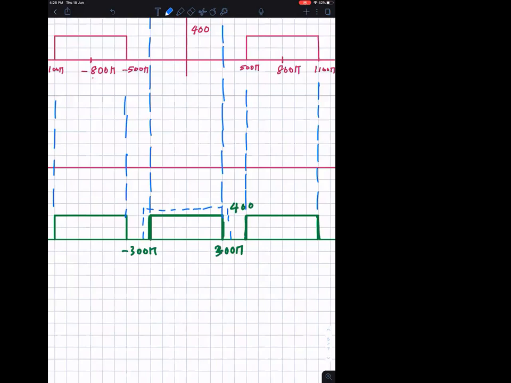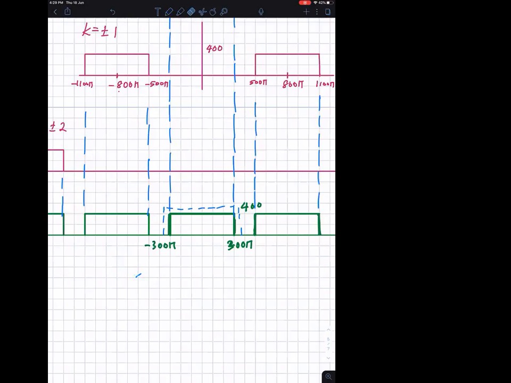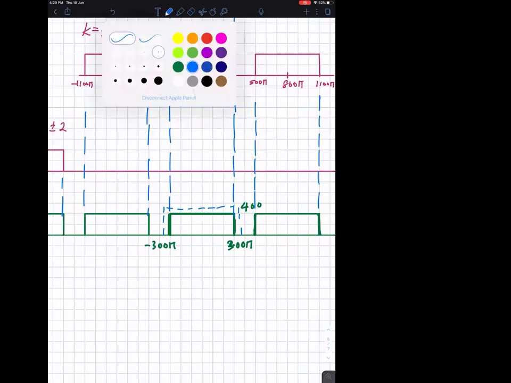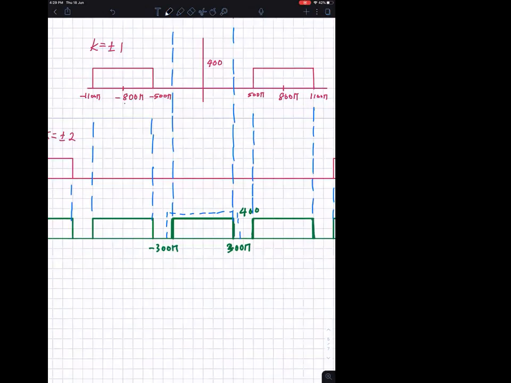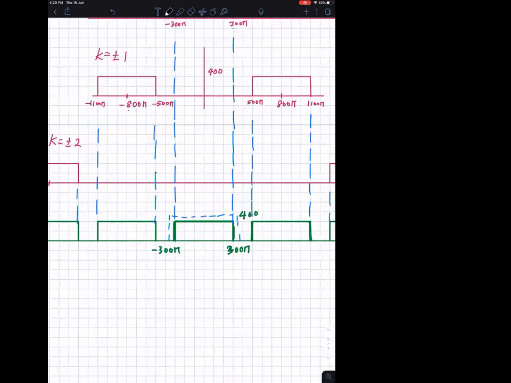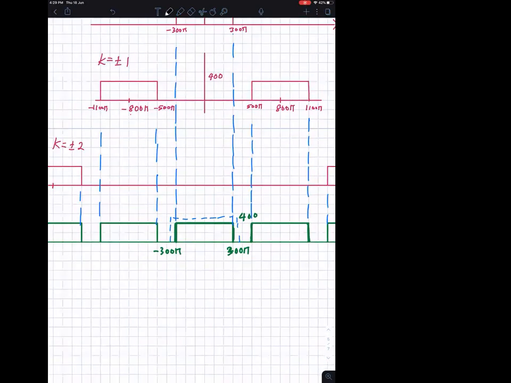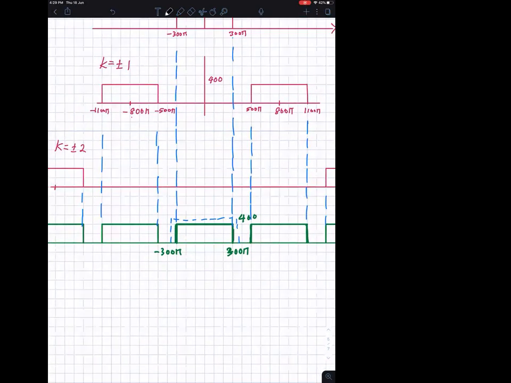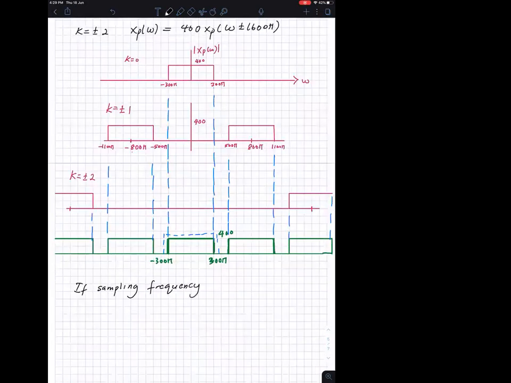So the moral of this exercise is, if the sampling frequency, for example, if omega s is greater than 2 times the maximum signal frequency, no aliasing.